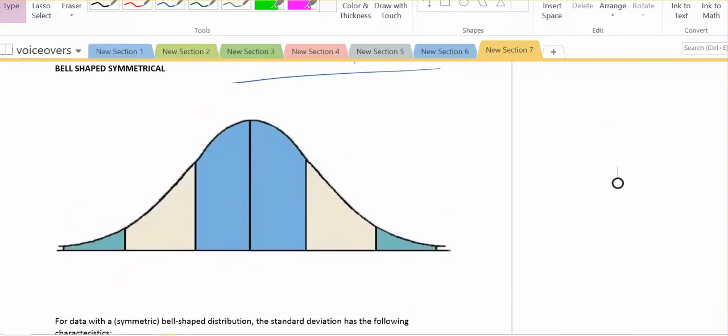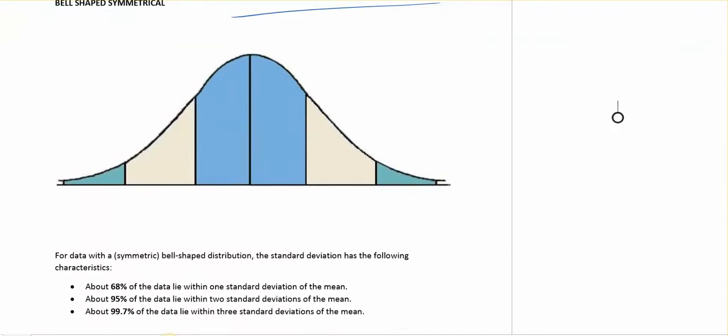Okay, so our situation now is this, that we want to talk about what some of the characteristics are for this distribution. We're going to see it again in chapter 5, but we get introduced here because it has to do with standard deviations, and it has to do with a measure of position. Where are you in the rest of your distribution? Looking at this data shape, it says about 68% of the data lie within one standard deviation of the mean.